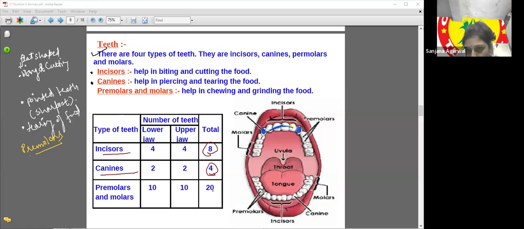Next line I'm putting for premolars: two, two. Two pairs in the upper jaw and two pairs in the lower jaw. Got it?